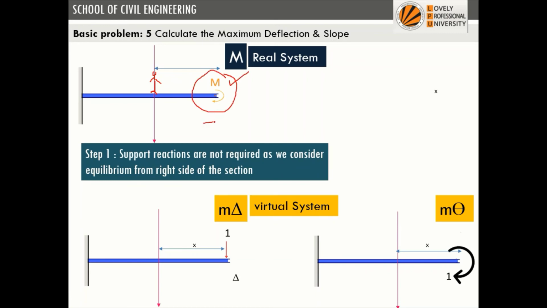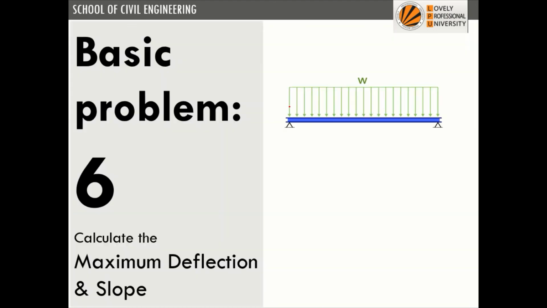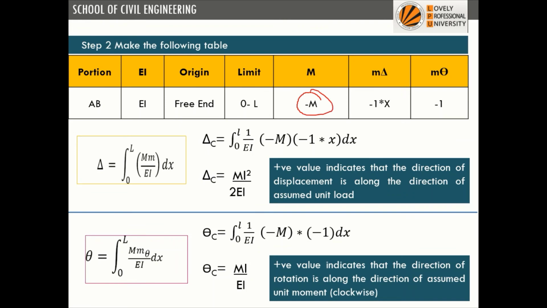So either this will be plus M or minus M. We see what the effect is. This is bending like this, so it is a hogging shape, so we'll consider it to be minus M. To make a moment we multiply force into distance, but this is already a moment, so there is no need to multiply with any distance. Simply the bending moment will be written as minus M.